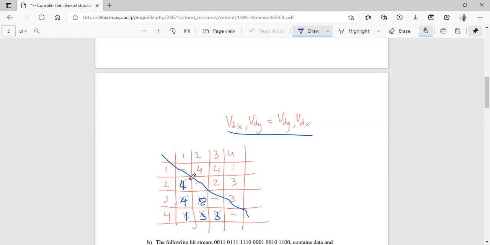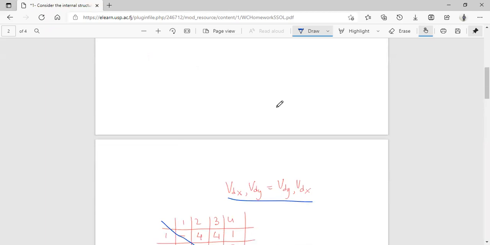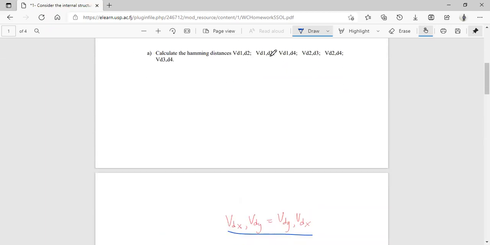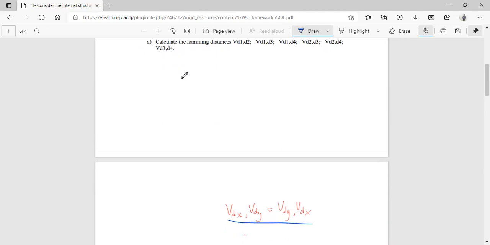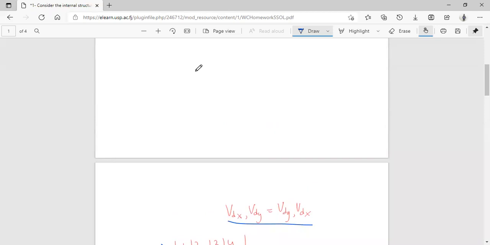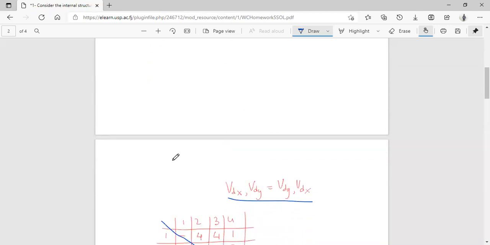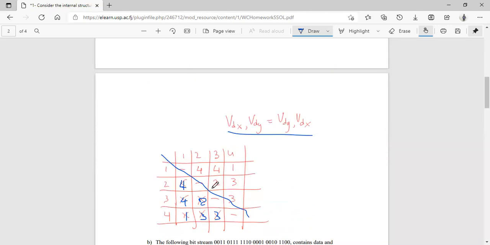So that is why the upper half of this diagonal is sufficient to give you the information below. Also, this question just says find the distance between D1 and D2, D1 and D3, D1 and D4, D2 and D3, D2 and D4, D3 and D4. Whatever the question has asked, we have been able to give this solution.